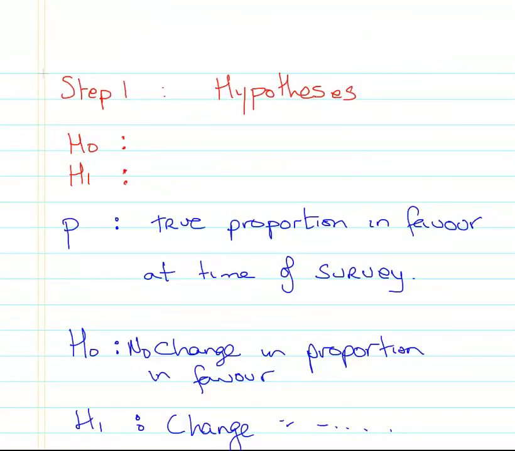First off, we're going to write out our hypotheses, and we always write out our hypotheses in terms of the parameter values. I'm going to use P for the true proportion or the population proportion, which is different from the sample proportion. Some textbooks use pi; P or pi, much of a muchness.